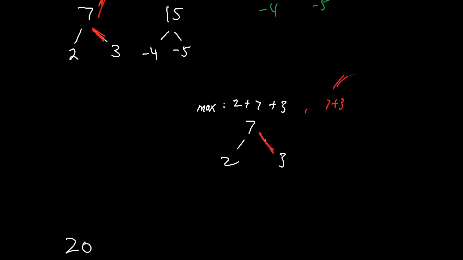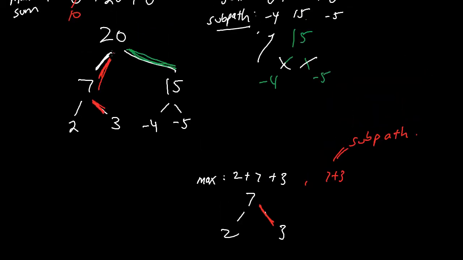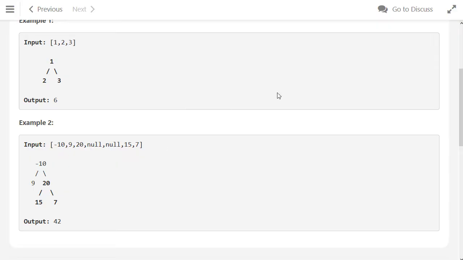So this is our maximum subpath. Here I'm defining subpath to be you can only choose either the left side or the right side. That way the parent can find a path that is straight from the parent like this. Because if we return something like this, it is no longer a subpath, but a tree, so this wouldn't work. Okay, so let's try implementing this.